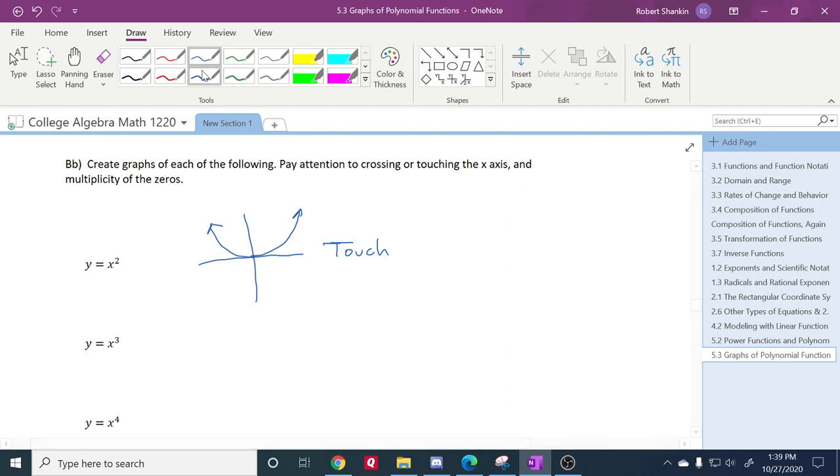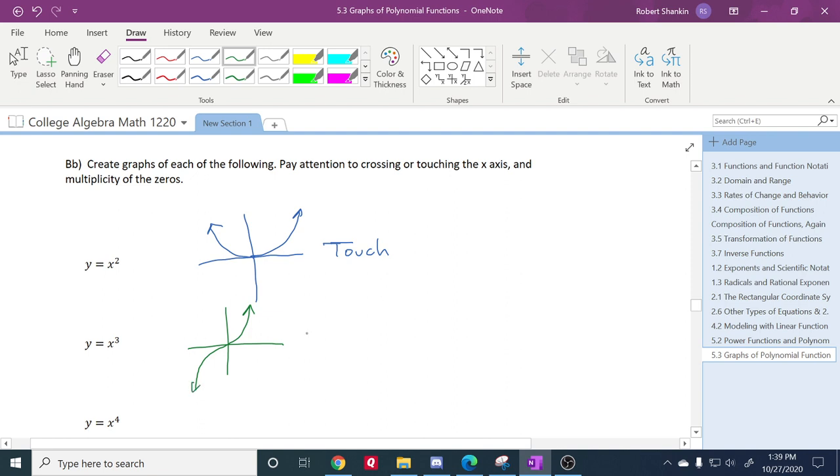y equals x cubed. We've gone over what these basic polynomial functions look like. It rises up steeper than this one does. It would be a parabola going like this, except when x is negative, you're also going to get a negative result.